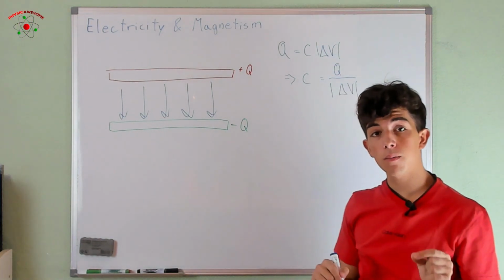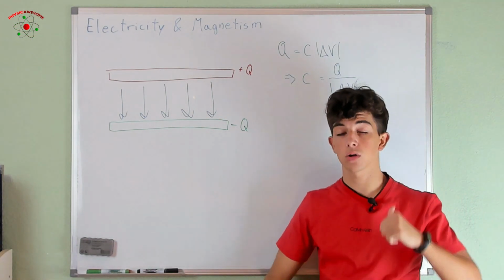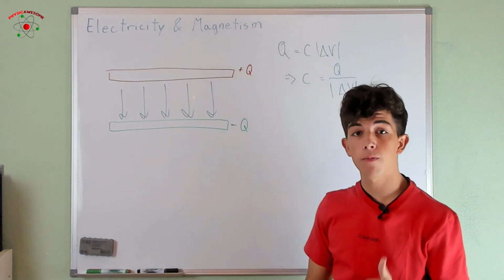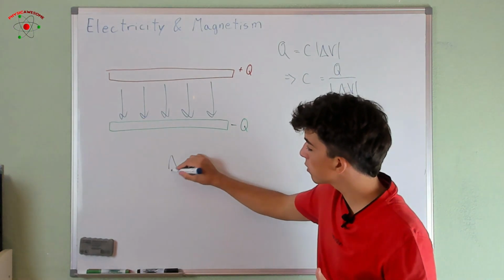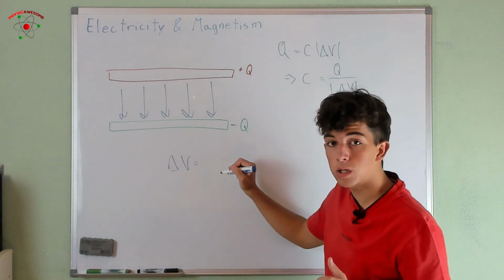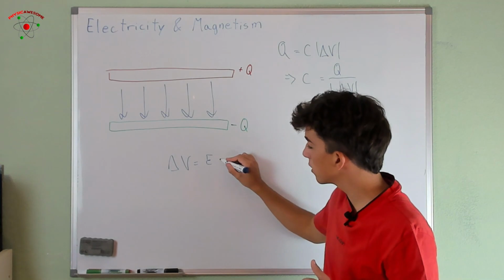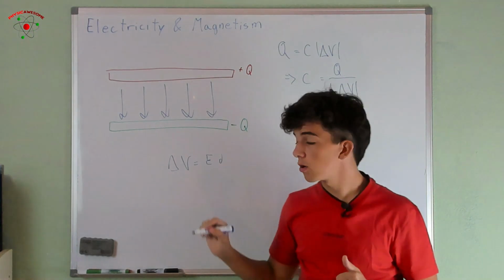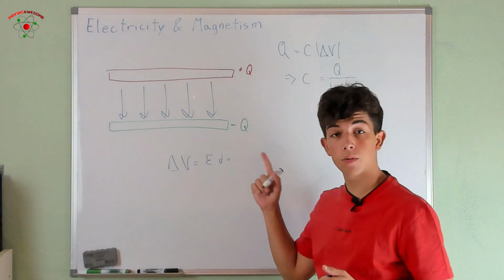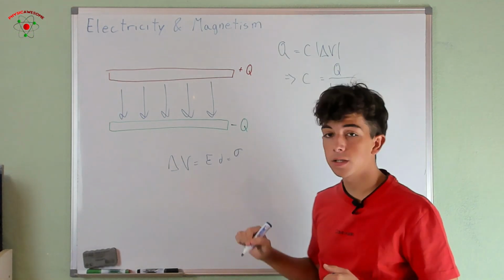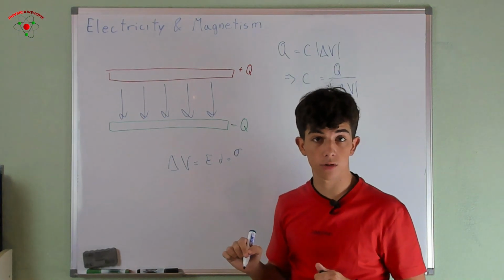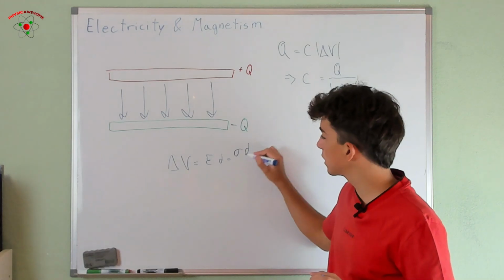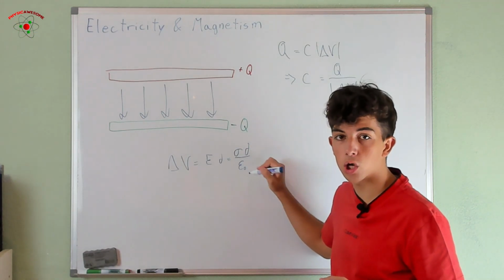And if you remember from our past videos on electric potential, we found that the difference in potential of this situation is going to be equal to the electric field times the distance, which in this case, if you remember, is going to be sigma, the surface charge density of each of these plates, times d divided by epsilon naught.